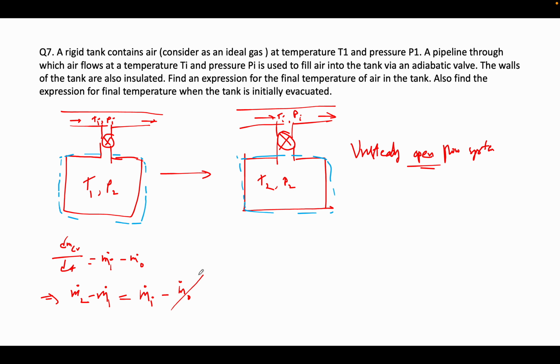So I can write mo dot is equal to 0, and from here m2 dot minus m1 dot is equal to mi dot.